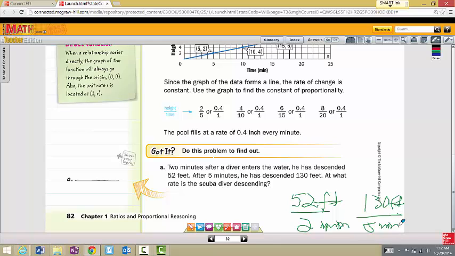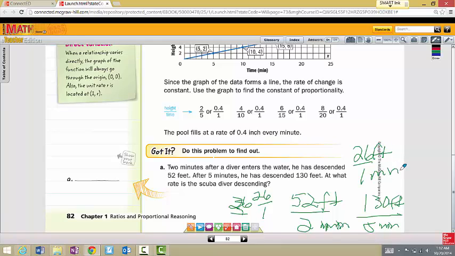So 52 divided by 2 is 26 over 1. And then 130 over 5 is also going to be 26 over 1. 26 feet over 1 minute.